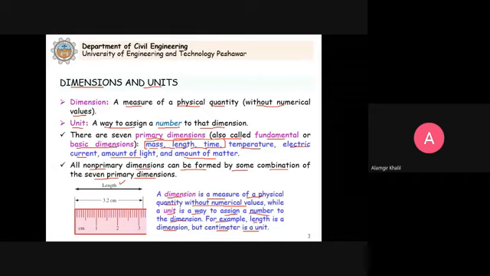That's why most of the time we will be more concerned about these 3. But it doesn't mean that if we have temperature or electric current in a problem, we don't have to consider these primary dimensions also. Now that we look at the topic from a fluid mechanics point of view, we say that we have mass, length and time.